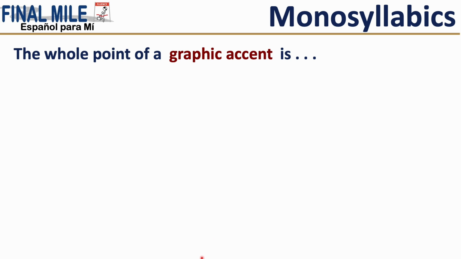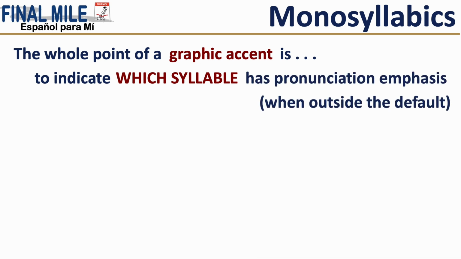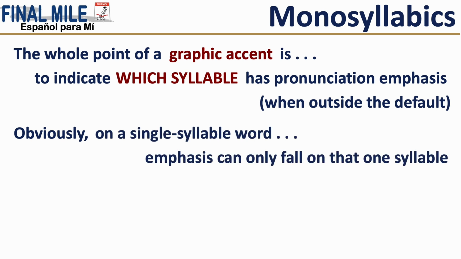The whole point of a graphic accent is to tell us where pronunciation emphasis goes. Which syllable has pronunciation emphasis? Okay, obviously if we have a single syllable word, emphasis can only fall on that one syllable.